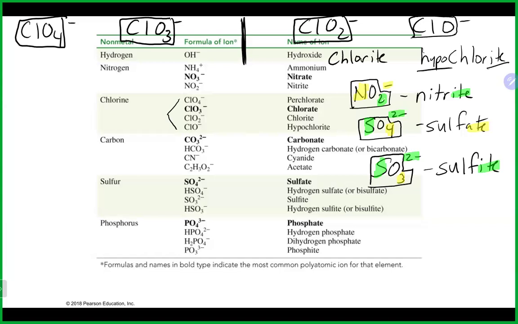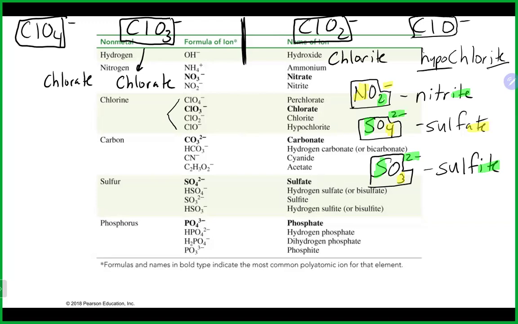That is chlorite. Now, when we go to the ones on the left of my line on top, those are the ones that have the most oxygens, which means they each should end in ate, right? So most oxygens end in ate. This will be chlorate. This guy will also be chlorate because it has the most number of oxygens.